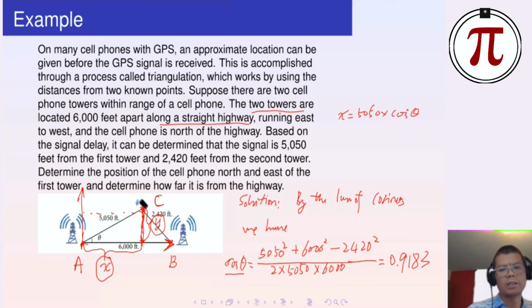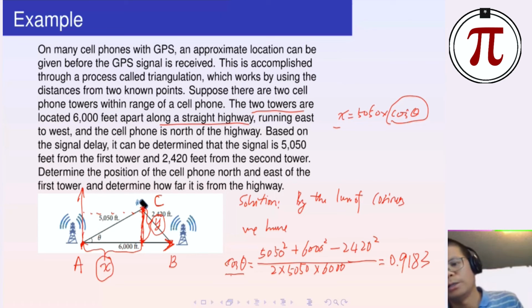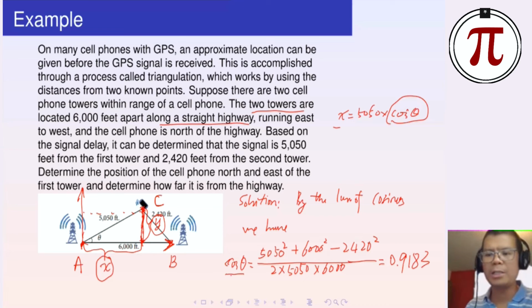We do not need the value of theta because cosine theta is already known, just plug in. So we don't have to find theta and then do cosine and sine. Does that make sense?